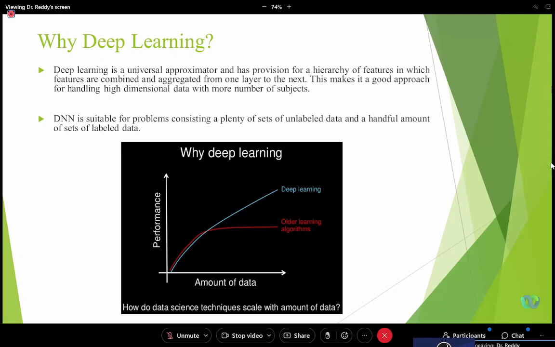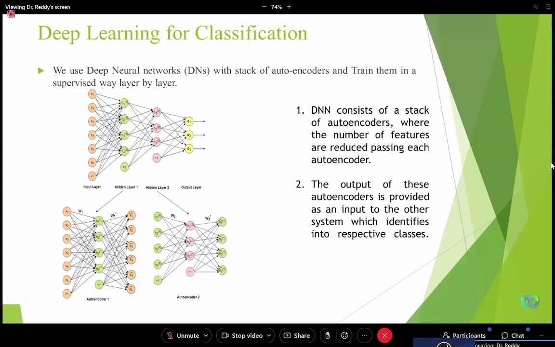And in fact, in deep learning itself we can use a stack of autoencoders and other complex architectures, where you can extract these features or do the dimensionality reduction.